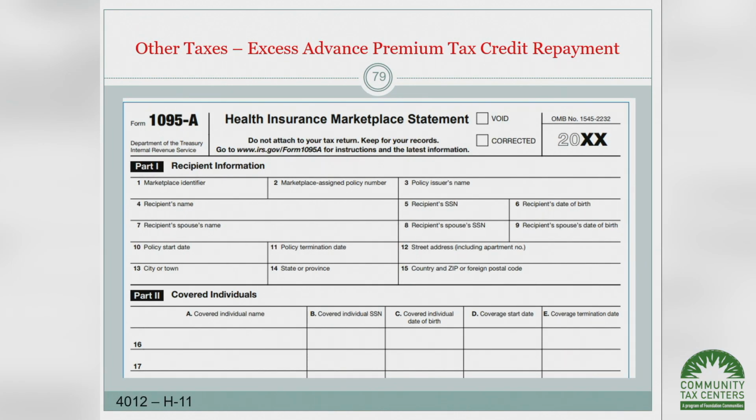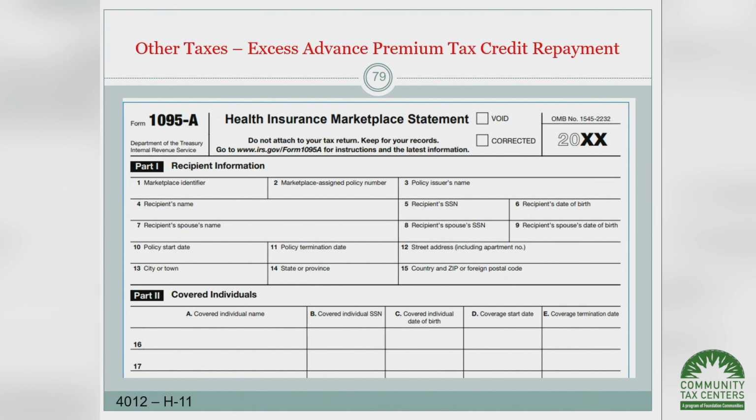And so this is the 1095-A. This is what it looks like. It'll have the information here. If they have any dependents, it'll go down here, so it'll have the covered individuals as well. What we're seeing here is just who's all on the return. We have to make sure that everybody on the return is on the 1095-A.